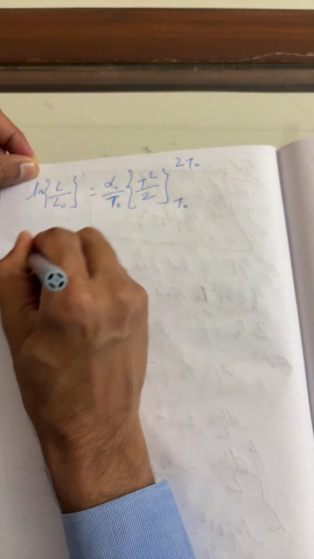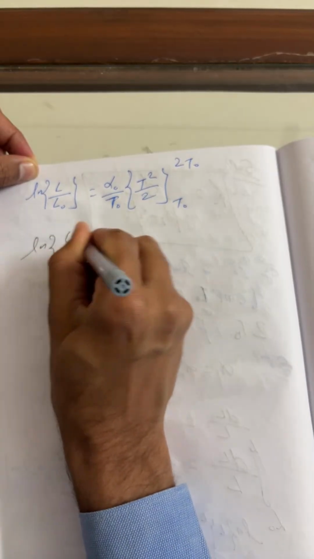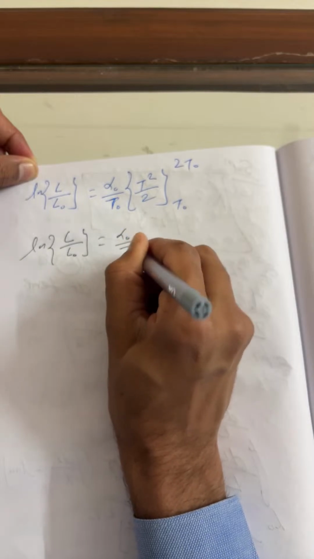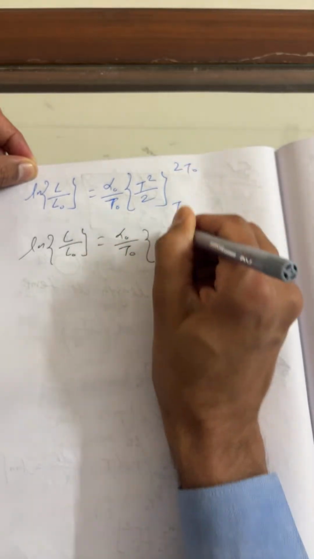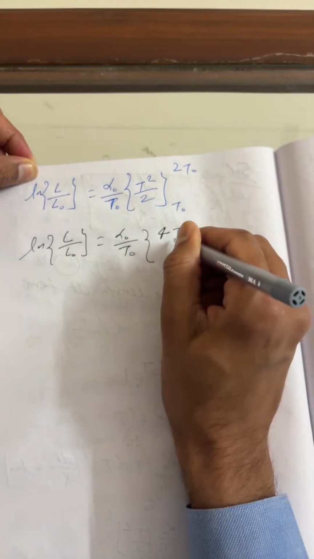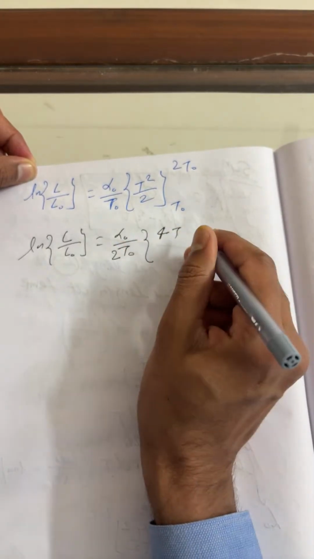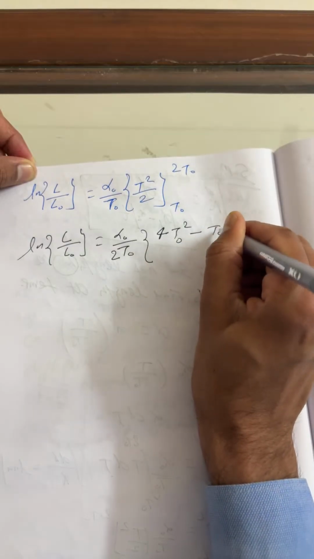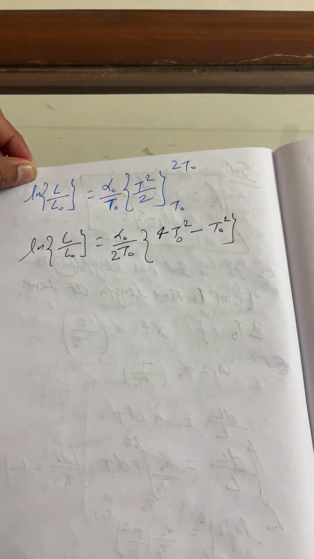Now I can say ln of L upon L naught, alpha naught T naught, this is the upper limit, 2, taking out the upper limit minus lower limit. So 4 T naught squared minus T naught squared.